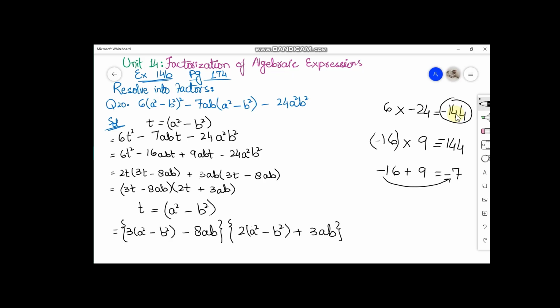So now I can write minus 16 plus 9 in place of minus 7. See this, I have already done this, minus 16 and plus 9 in place of this minus 7, and the variables of 7, that is a, b and t, will be written with both the factors, that is minus 16 and plus 9.